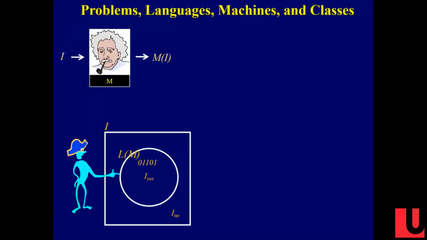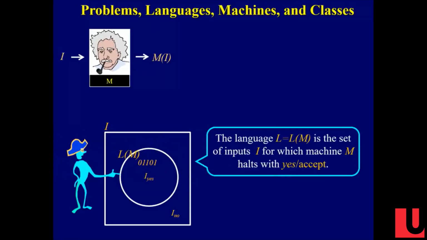So we have a machine that, given an input I, outputs something, and we say the language the machine is computing is the inputs for which the machine stops and says yes.